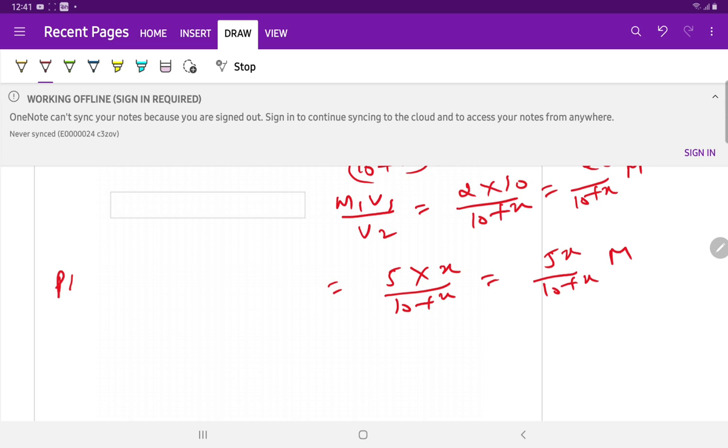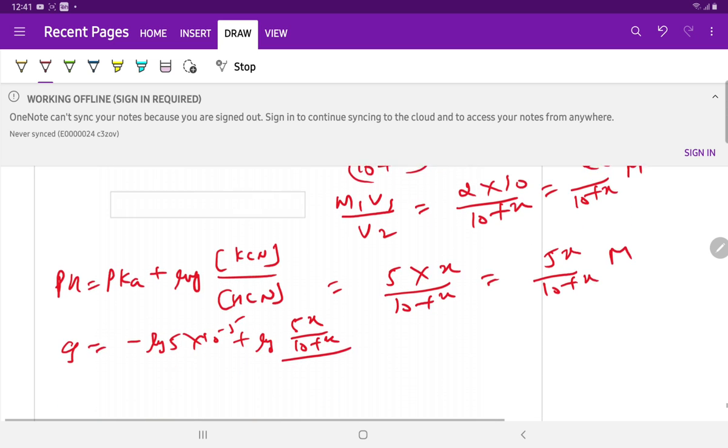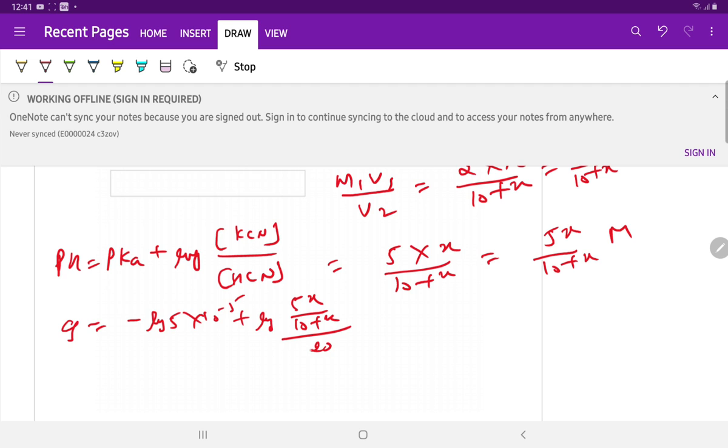By using the Henderson equation, pH is equal to pKa plus log of concentration of KCN upon HCN. 9 is equal to negative log of 5 into 10 to the minus 5 plus log of 5x upon 10 plus x molarity and 20 upon 10 plus x.